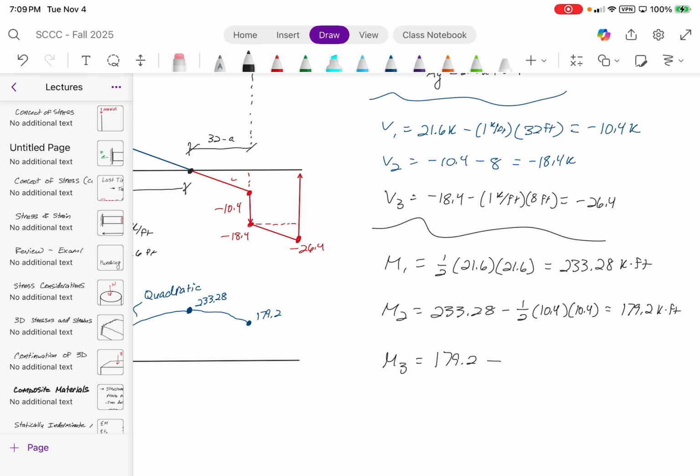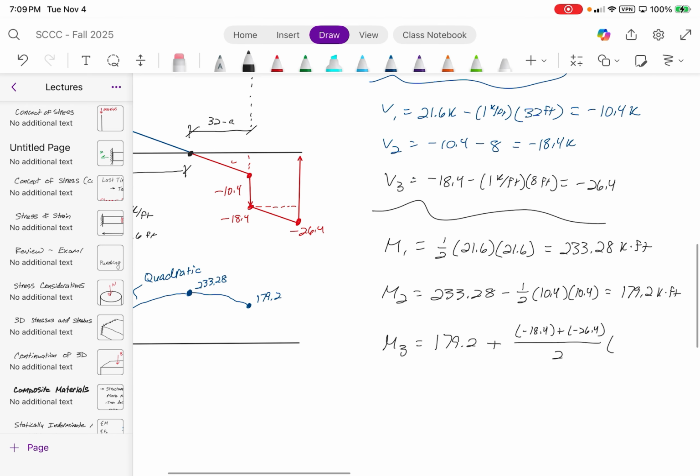So what that will look like is negative 18.4 plus negative 26.4 divided by 2, multiplied then by the length that it spans, 8 feet. And that equals 0.